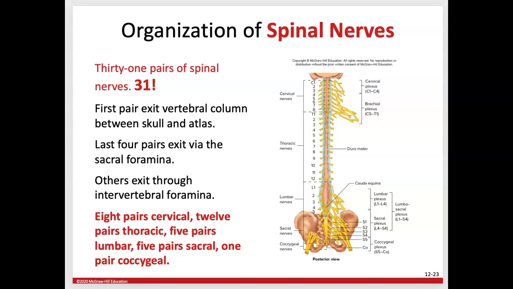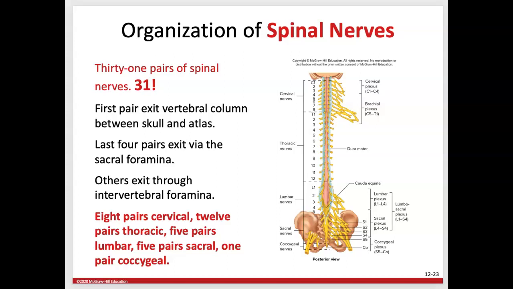The first pair exit the vertebral column between the skull and the atlas, and the last four exit via the sacral foramina. Others exit through the intervertebral foramina, which is on either side of each vertebra. There are 8 pairs of cervical nerves, 12 pairs of thoracic, 5 pairs of lumbar, 5 pairs of sacral, and 1 pair of coccygeal.